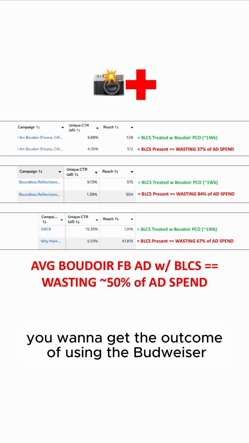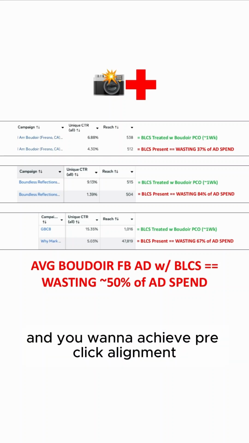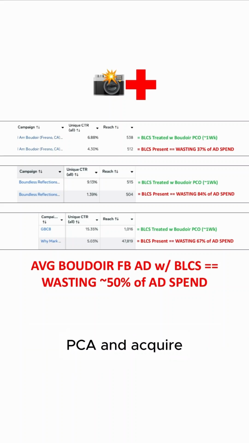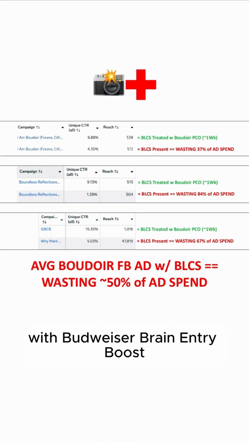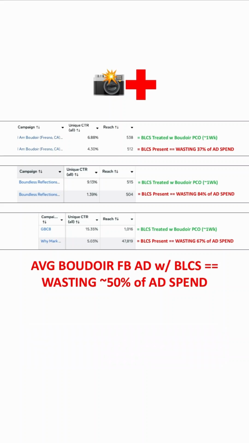You want to get the outcome of using the Boudoir Pico treatment, and you want to achieve pre-click alignment, PCA, and become a dominant boudoir advertiser with Boudoir Brain Entry Boost, so that you can be on your way to being the number one boudoir photographer in your city, then shoot me a DM.